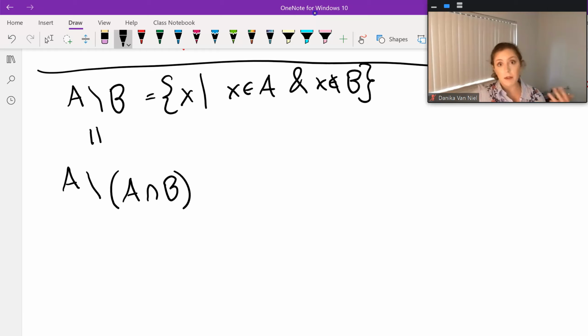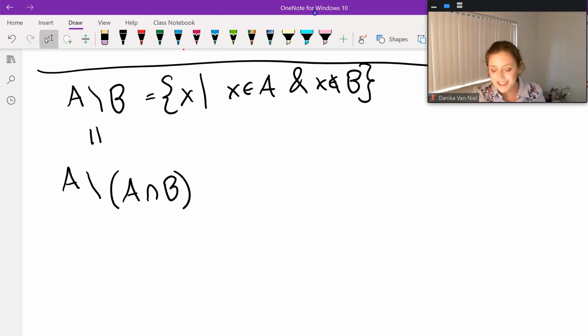There might be some cases where it is true, but that's not always true. It's this minus, right? Because I don't care about the other elements in B that are not in A. So the only ones that I care about are the ones that are in A and are in B. Well, what set does that look like? That looks like our intersection. The intersection is the elements that are in both A and B.